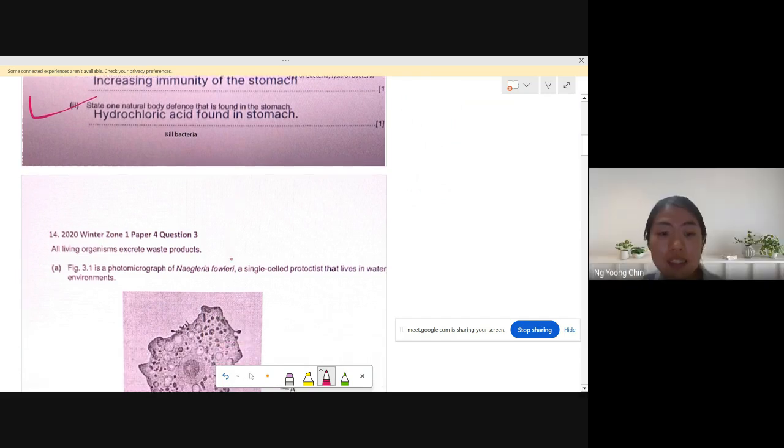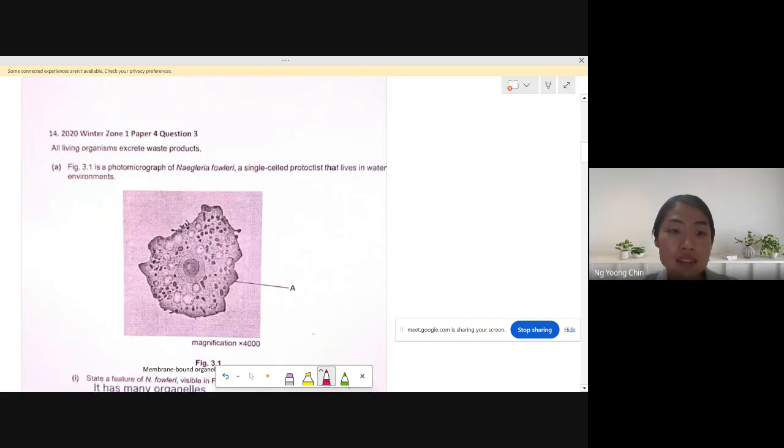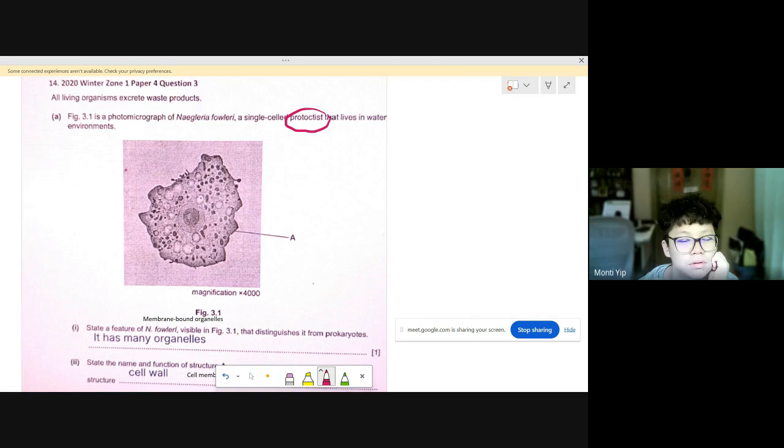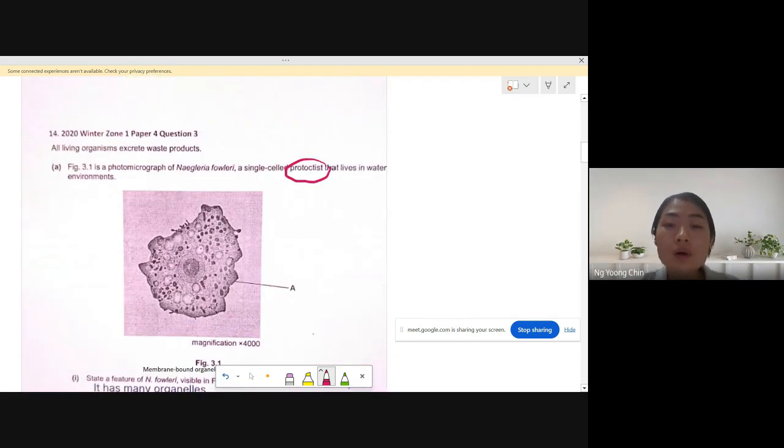Now when we talk about this one, it shows Naegleria fowleri. I also don't know how to spell this. It's a single-cell protist, it belongs to the protist kingdom, and it lives in water environments. Almost all protists just live in water environments.